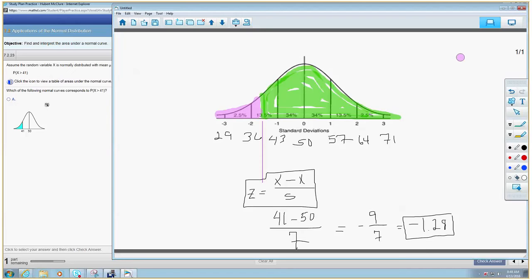The table only gives you the left-hand side. So if you want the right-hand side, you've got to take 1, which is the whole area, minus the pink area, if you use the table. If you don't use the table, then you go from negative 1.28 to 9999.